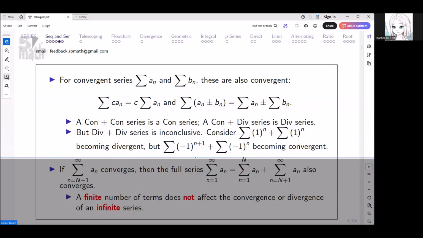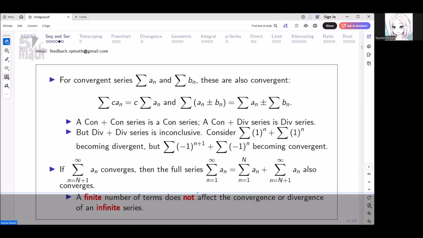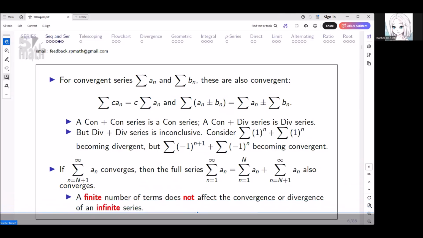Consider these becoming divergent, but these becoming convergent. If this converges, then the full series here also converges. A finite number of terms does not affect the convergence or divergence of an infinite series.